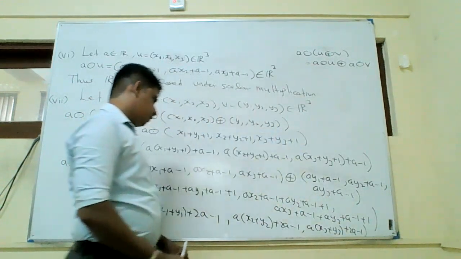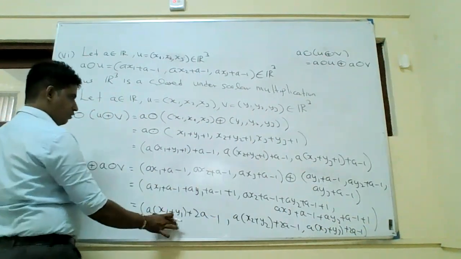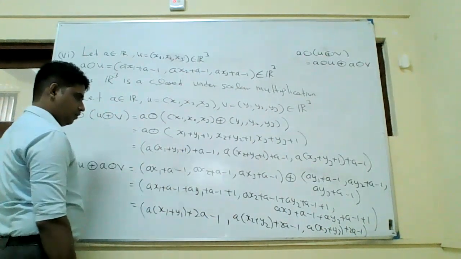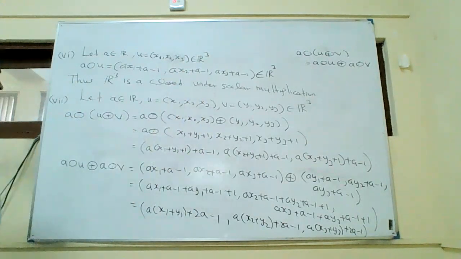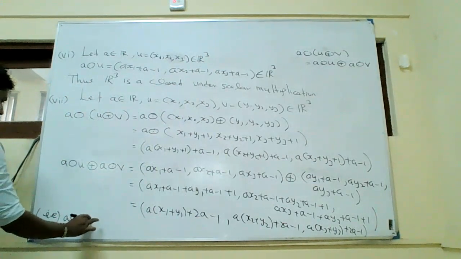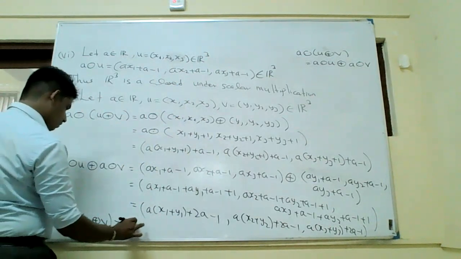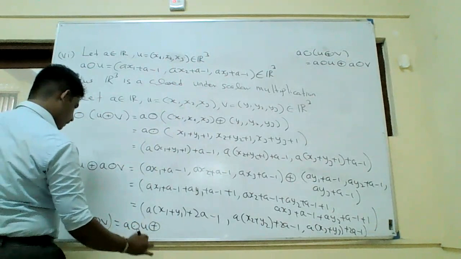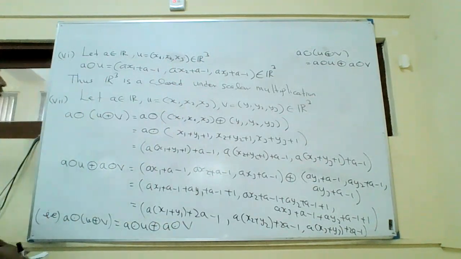So that means this one equals this one. Okay, this one equals this one. That is your claim: the scalar multiplication of the vector u plus v equals the scalar multiplication of u, vector addition, the scalar multiplication of v.